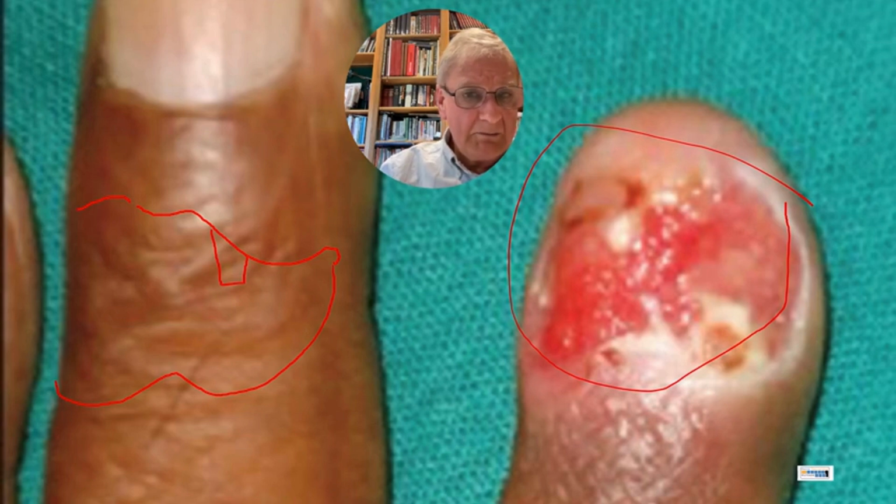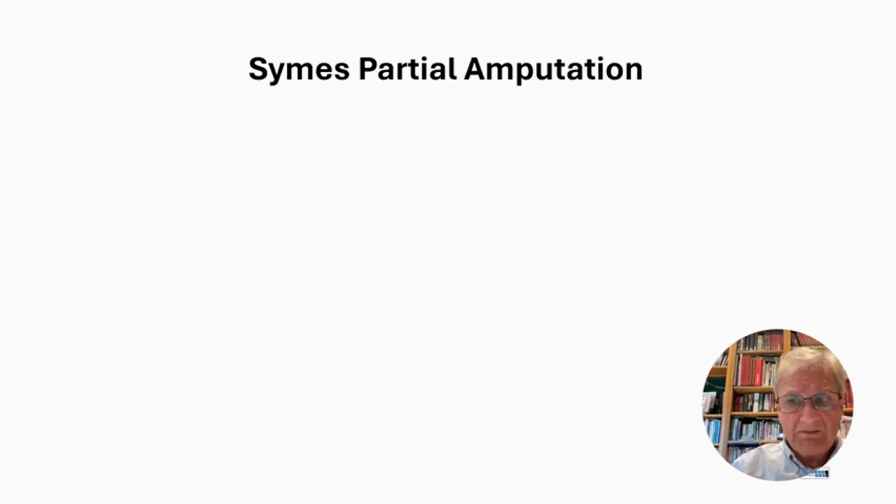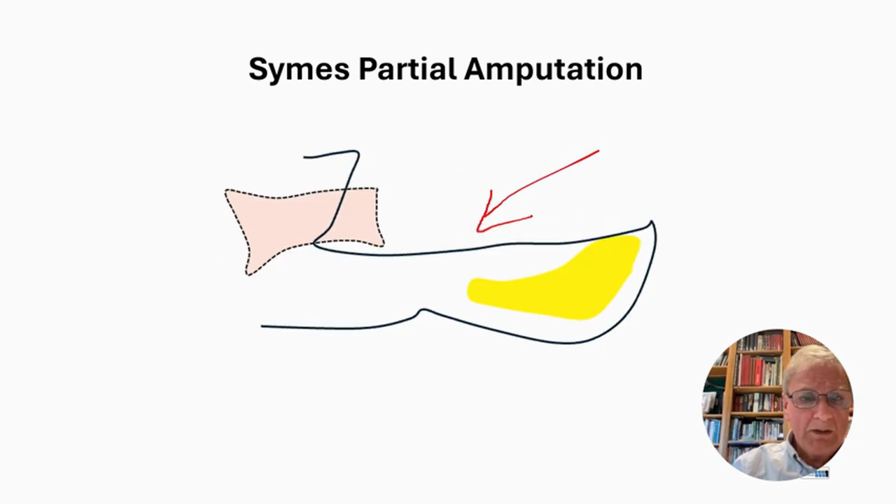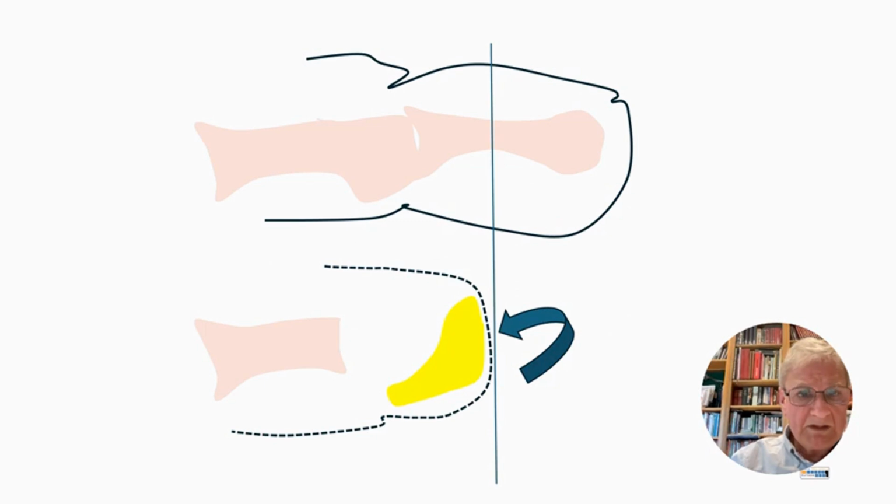But in this particular case, she had to have an amputation. This is the tissue that was removed here. All of this came out here, including the bone. You see the bone's disappeared. And then we flap this back from here to here, rejoin it back up as we did there. And she's got some fat that allows her to walk on it.